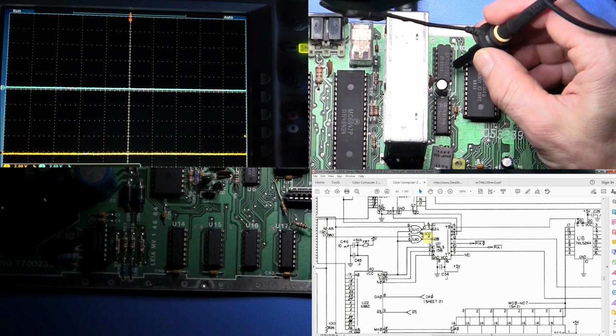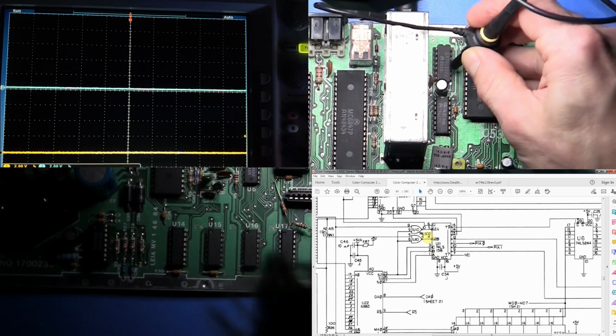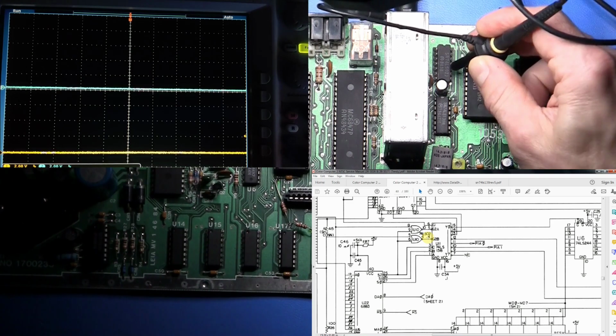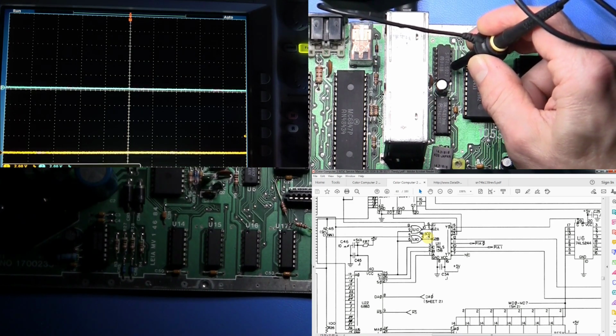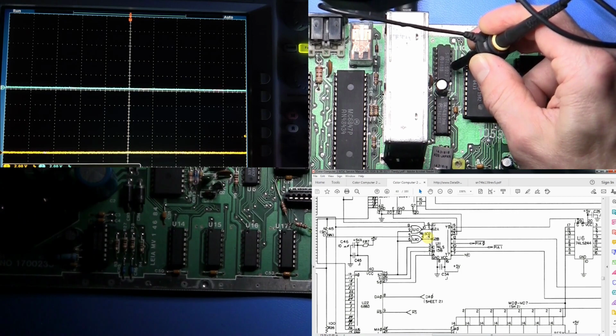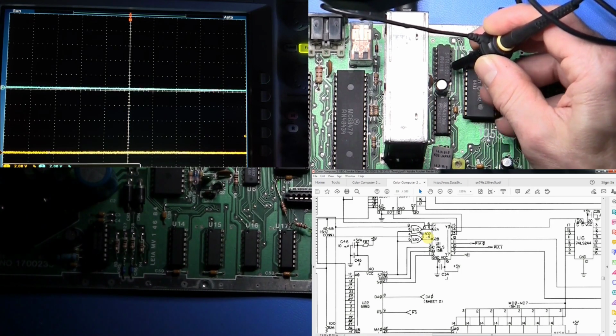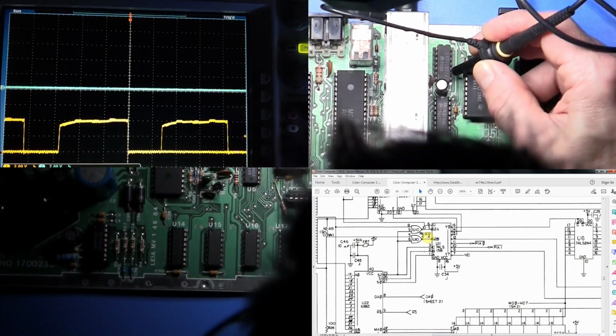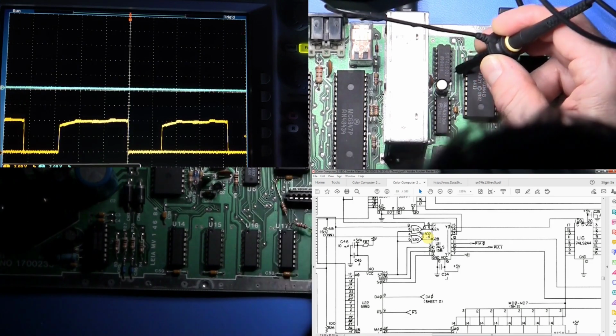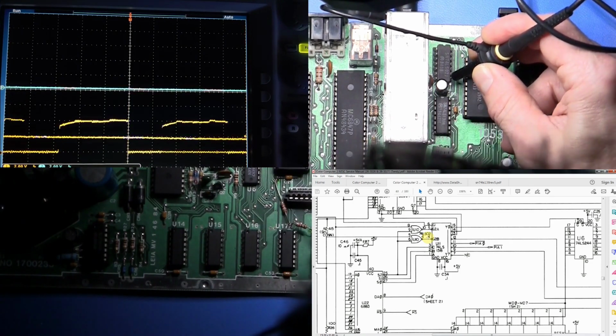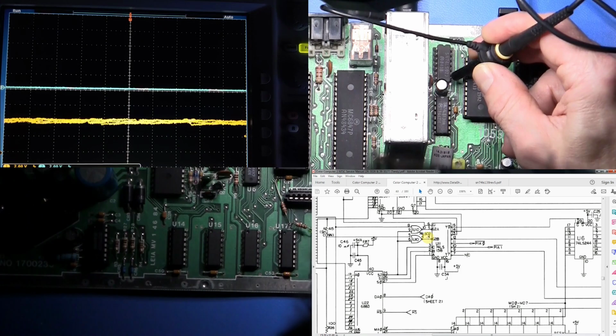Pins 8, 9, and 10. Okay, 10 is low. That is driven by pins 8 and 9. What are 8 and 9 doing? Okay, 9 is toggling. 10 is always high.